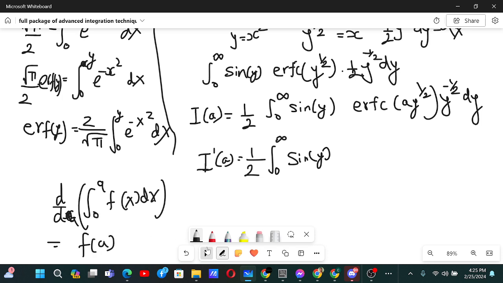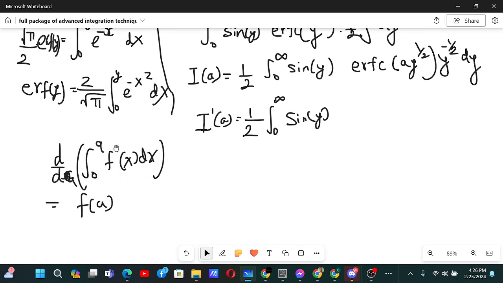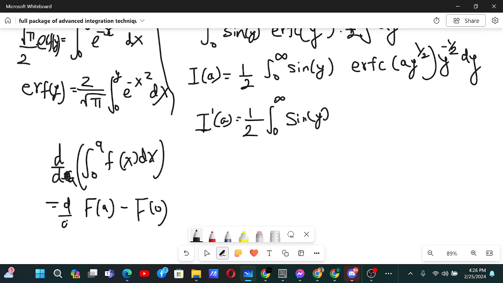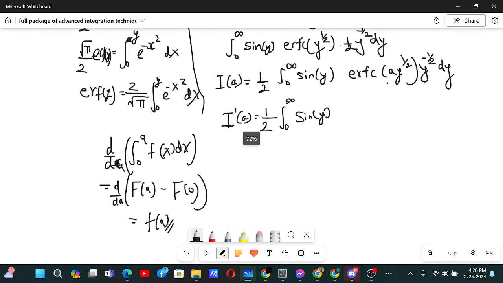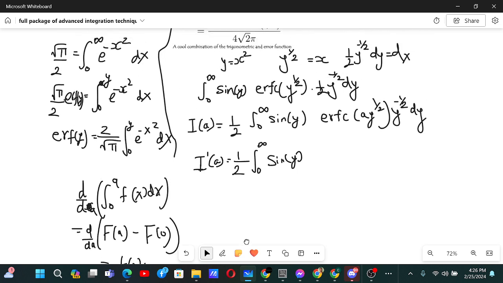You get an integral of f, so we have capital F of a minus capital F of 0. Now capital F of 0 is just a constant, and if you differentiate this you get small f of a. That's what we will use over here as well, since this has an integral definition.